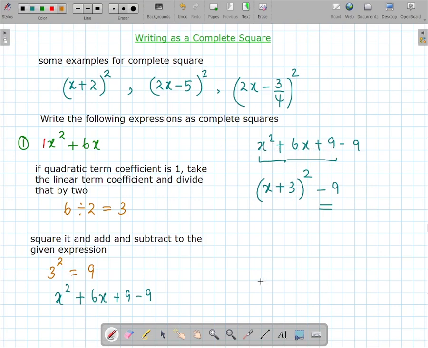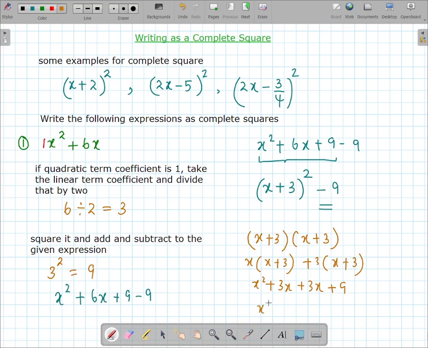How? I'm going to expand x plus 3 times x plus 3. x times (x plus 3) plus 3 times (x plus 3): x times x, x squared, x times plus 3, plus 3x, plus 3 times x, plus 3x, plus 3 times plus 3, that is plus 9.